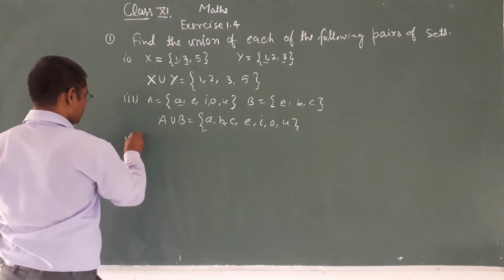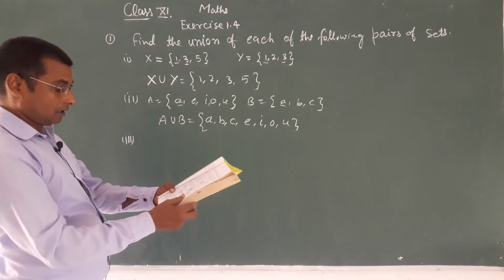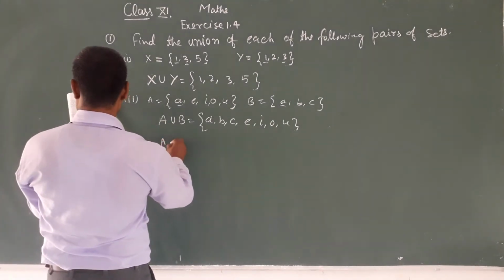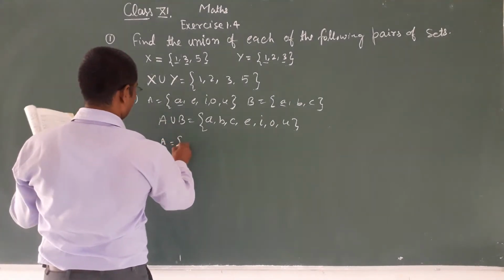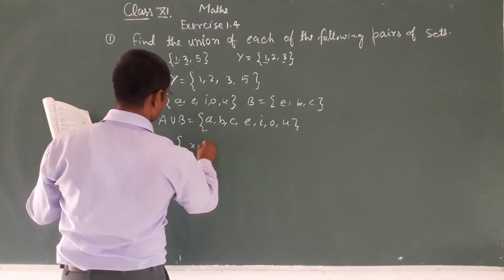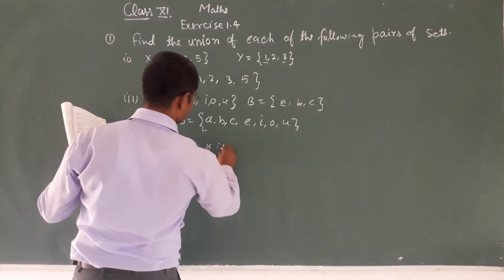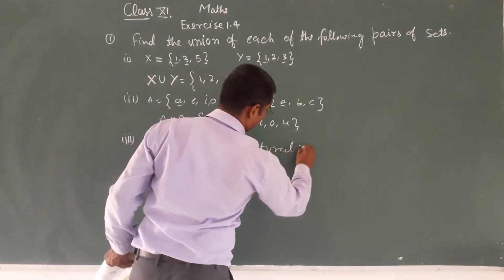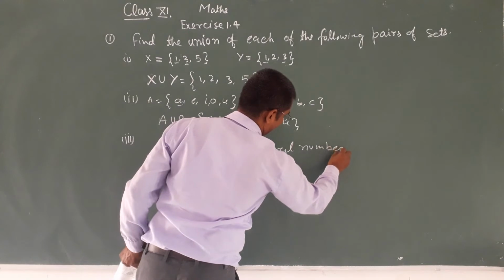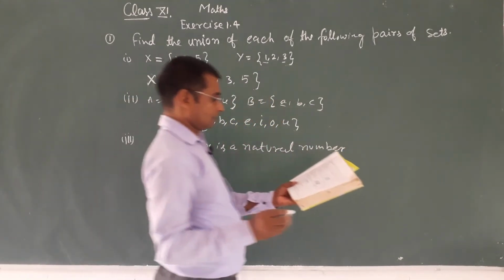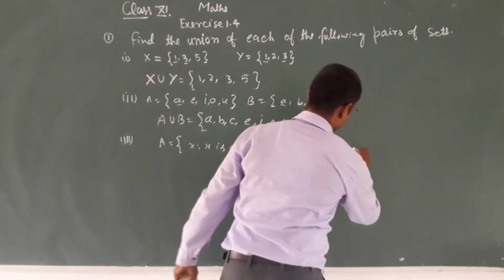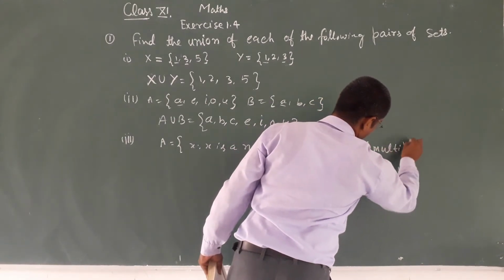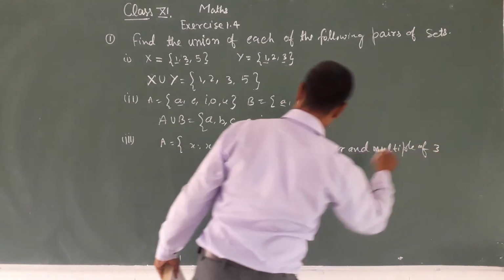And also the third part. A is the set of elements x such that x is a natural number and a multiple of 3.